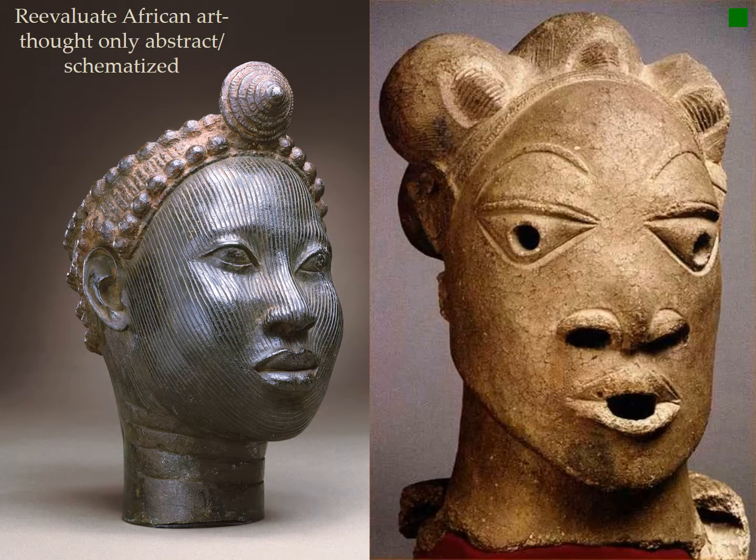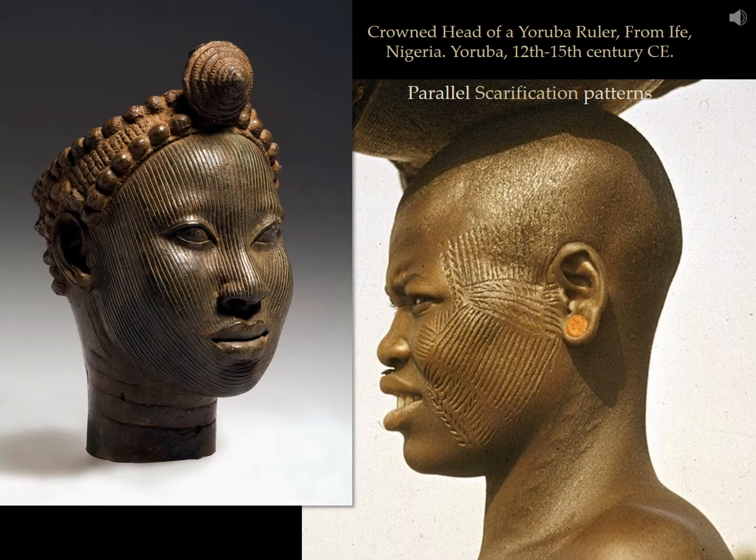This causes us to reevaluate African art when we realize it's from a Nigerian culture, because it is obviously not entirely abstracted. It is very naturalistic, taking into account natural physiognomy or facial features of the people who lived in this region, as well as the practices of ichi and scarification that are still practiced in this area.